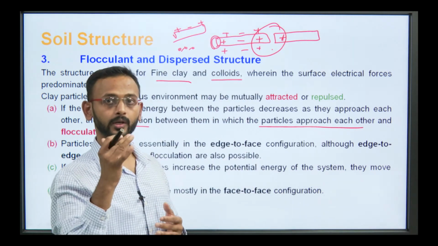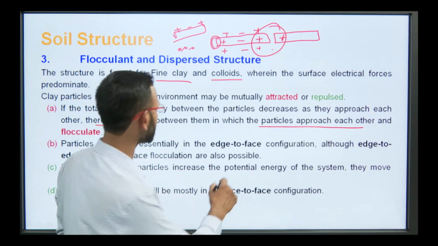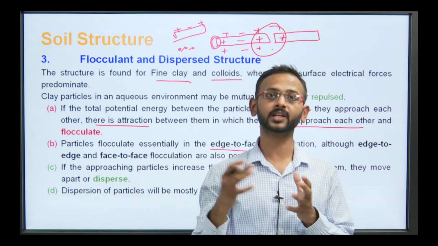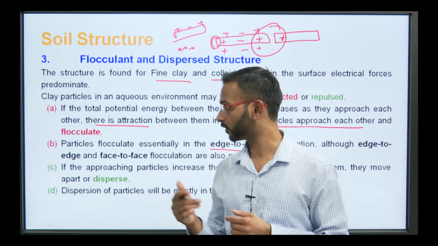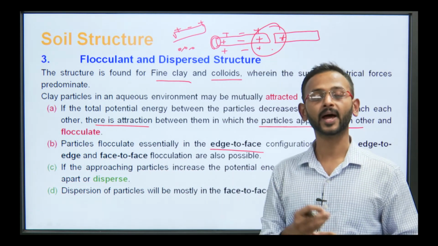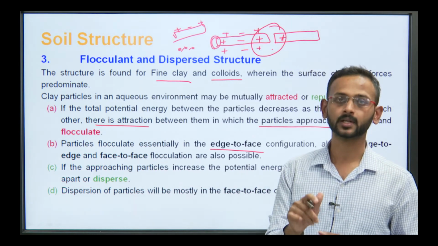Secondly, in the flocculent structure, the particles flocculate essentially in the edge to face direction, although edge to edge and face to face flocculation are also possible. There is a possibility that edge to edge and face to face also happens. We will see this in the diagram.